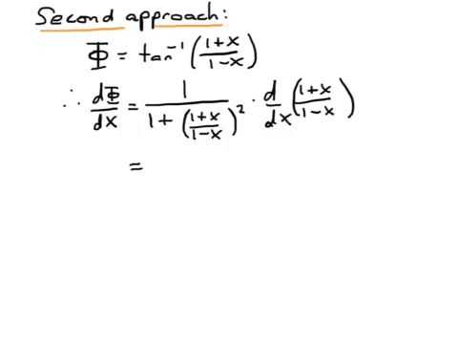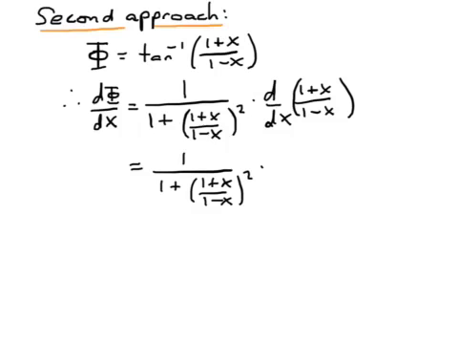So we will leave the first factor here as it is at the moment. So this is 1 plus x over 1 minus x all squared. Here we just repeat the calculation that we had used a moment ago. So we differentiate the numerator and leave it over the denominator.